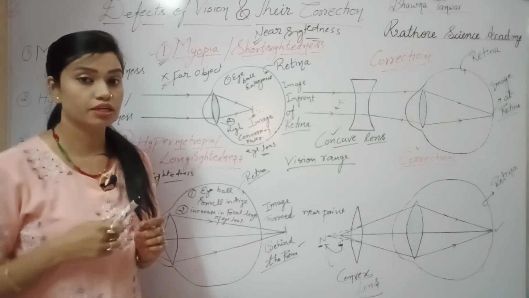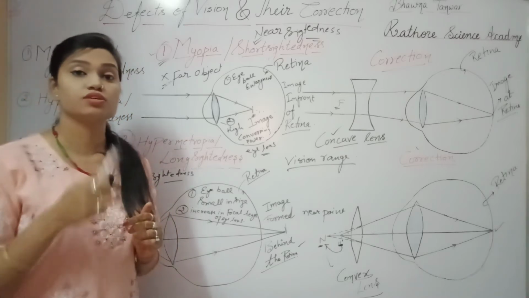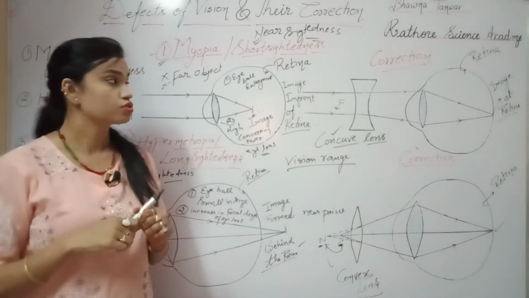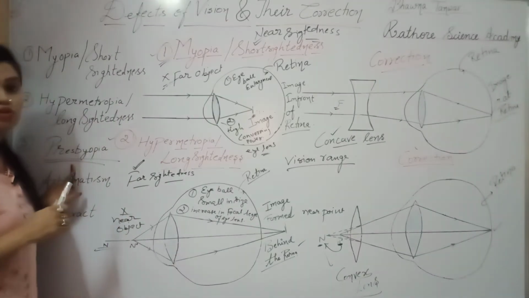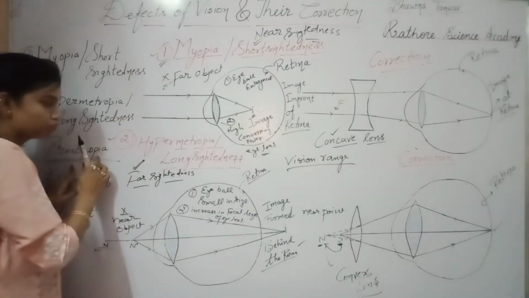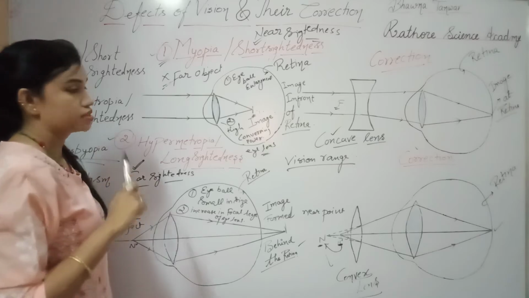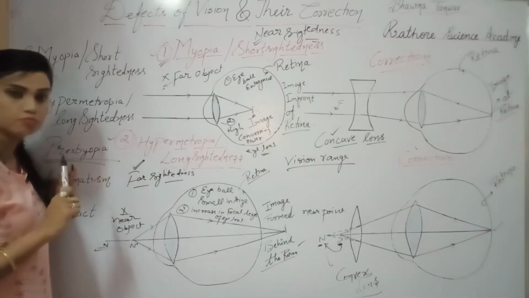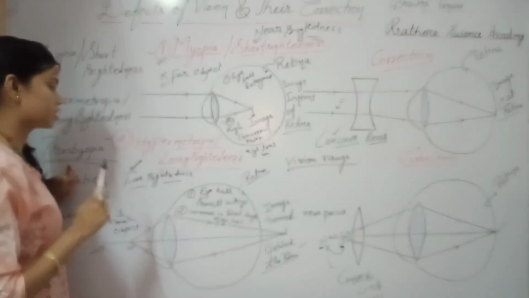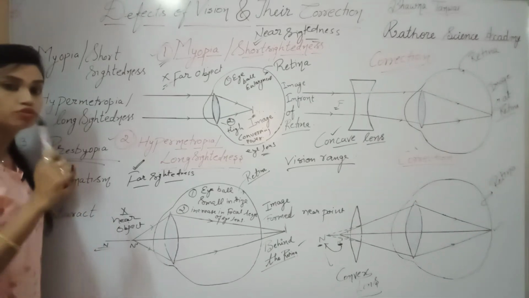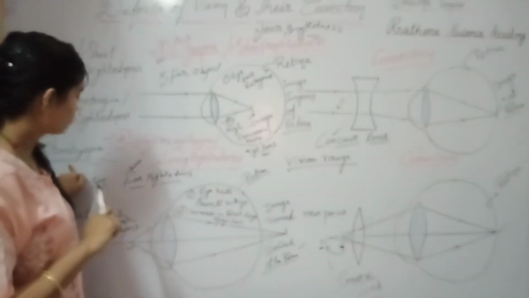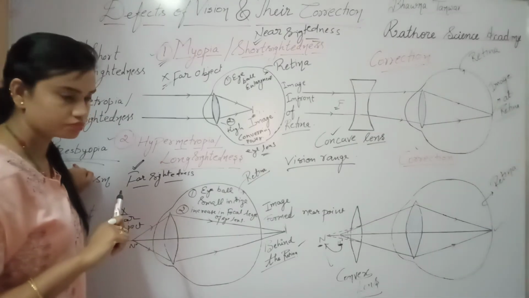The person is not able to see far objects as well as nearby objects. So this defect is related to both myopia and hypermetropia. Both defects are present in the person suffering from presbyopia.